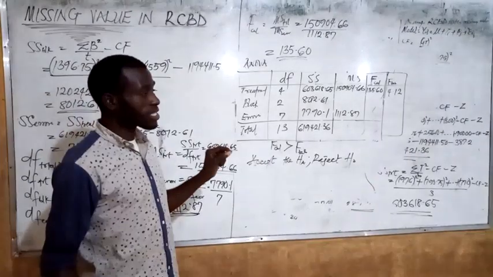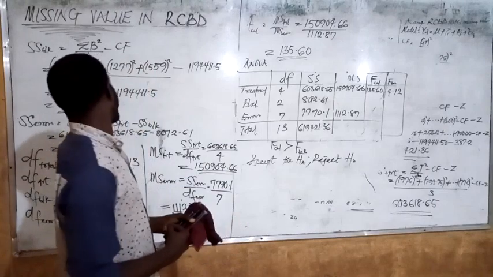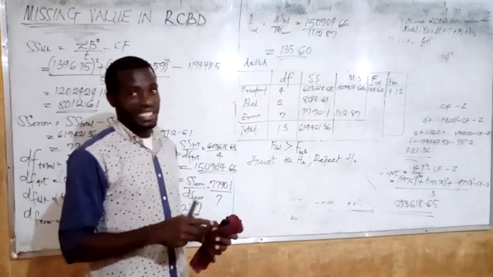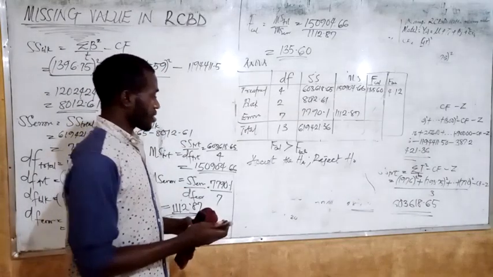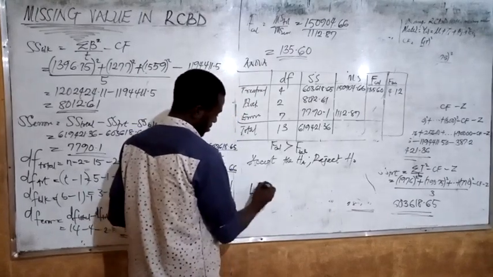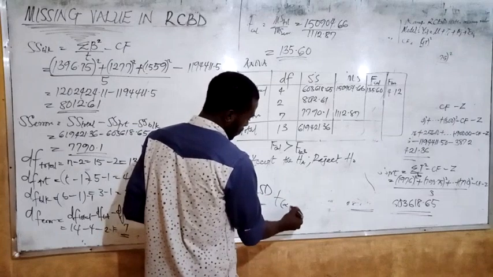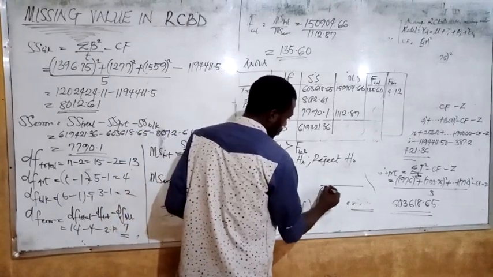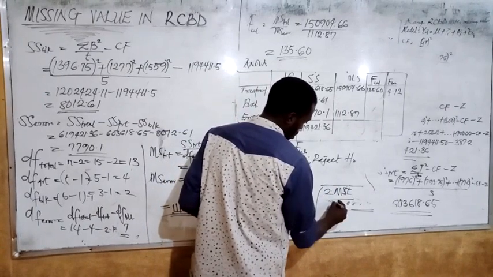But if you carry out your post-hoc test for missing value, you also have to correct the bias. Because for example, if you want to use LSD, your formula will no longer be just t alpha over 2 comma df error, then square root of 2 times MSE over r.